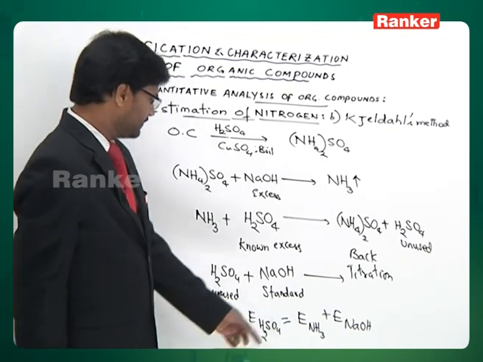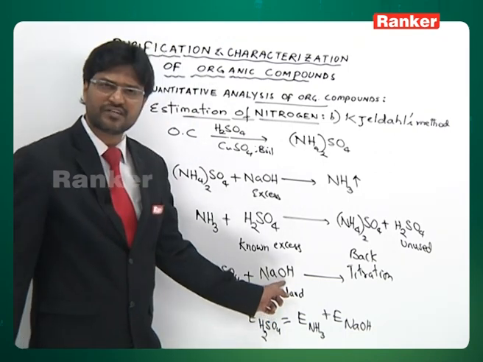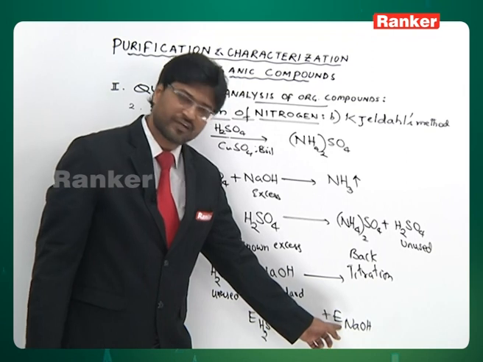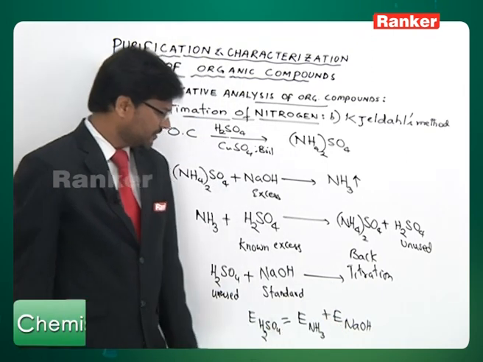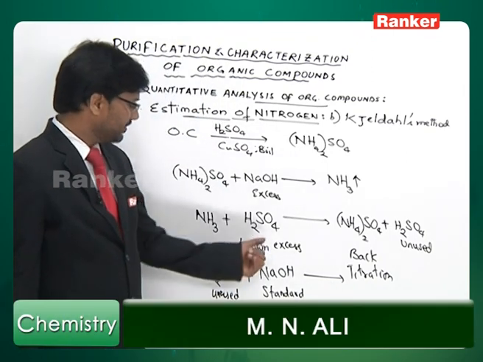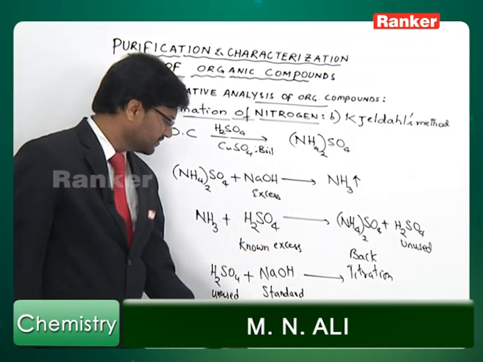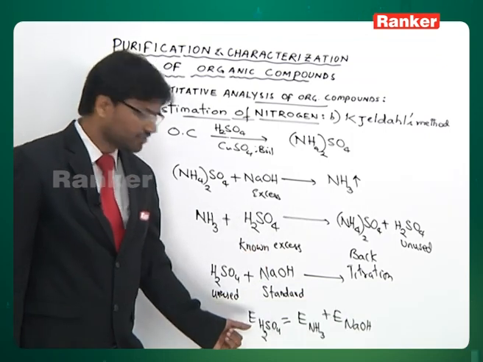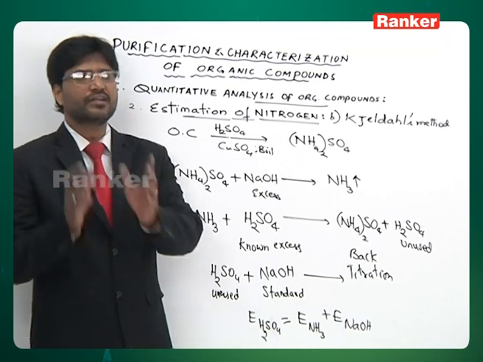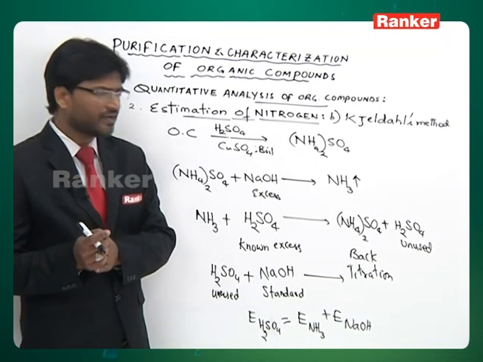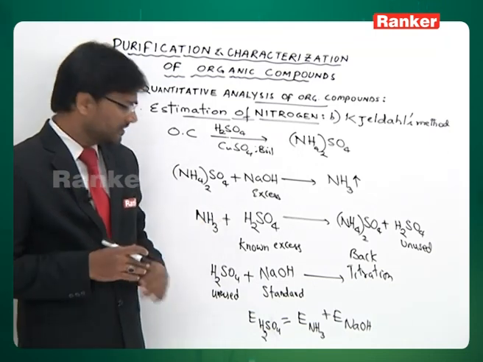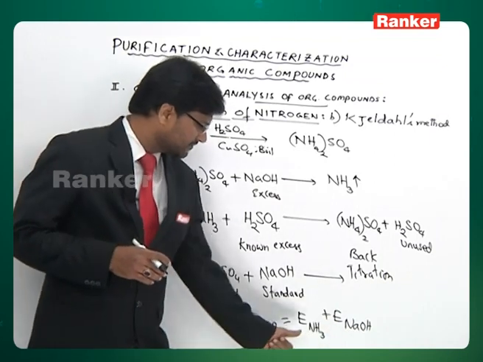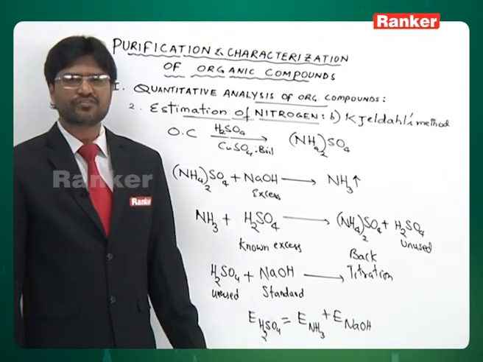In the experiment, you will know how much sodium hydroxide is consumed. From that, you can know equivalents of sodium hydroxide. And in the experiment, you have taken known excess of sulfuric acid. So, equivalents of sulfuric acid is also known to you. The difference between these will give number of equivalents of ammonia produced in the experiment.